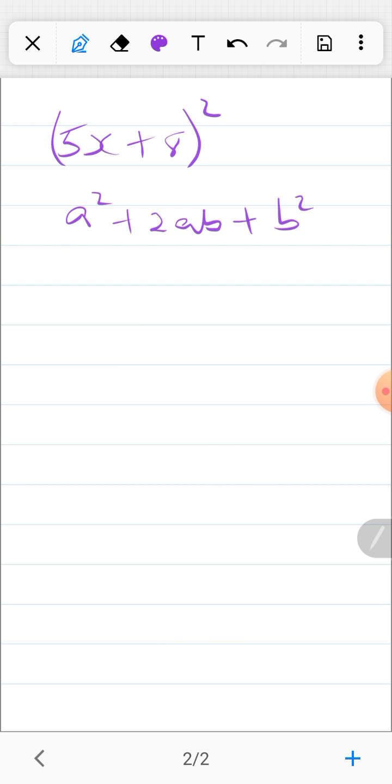Let's look at another example. What if it was something ridiculous like 5x plus 8, and they want me to square that? Still very simple. First of all, the first term is squared.